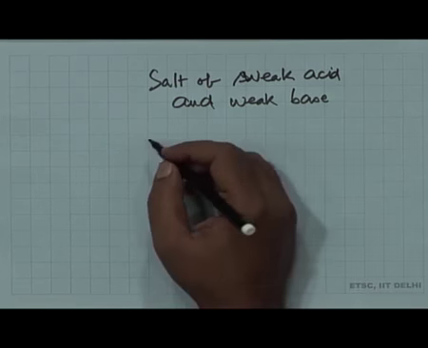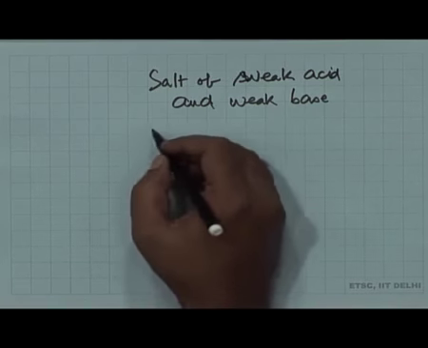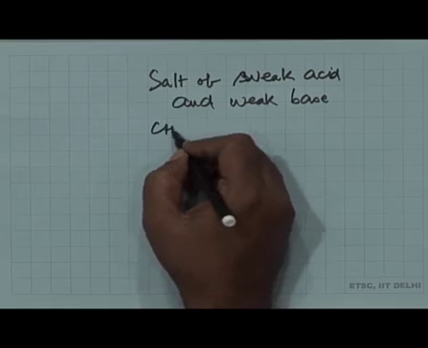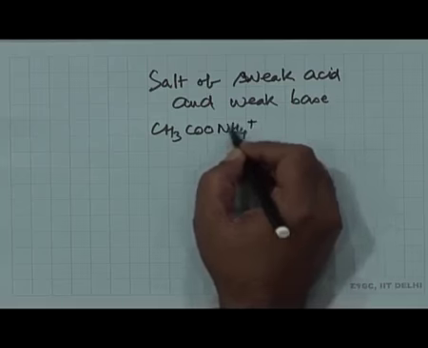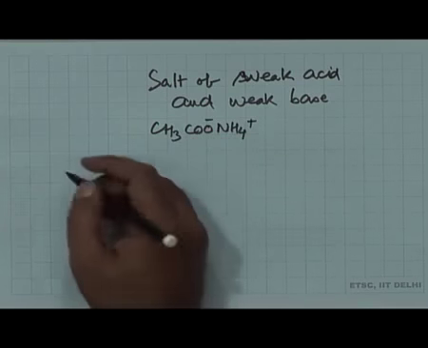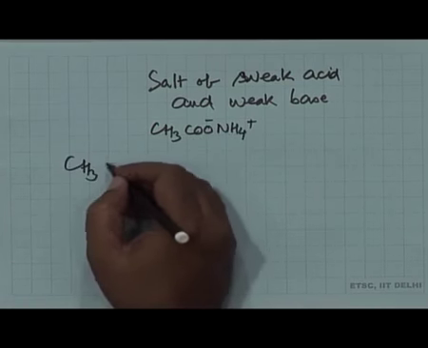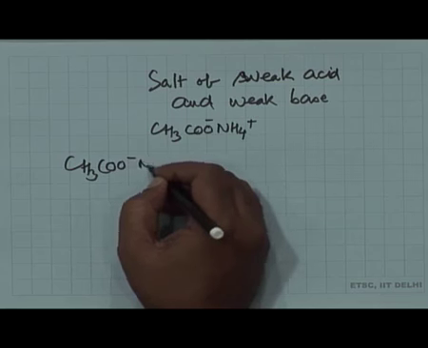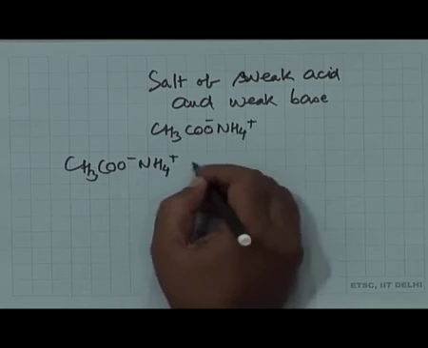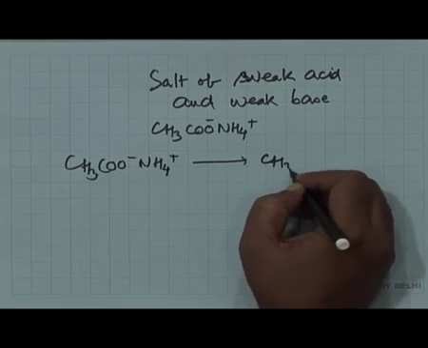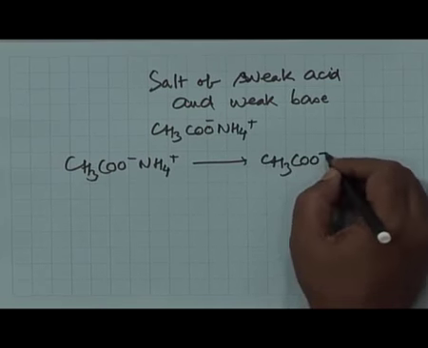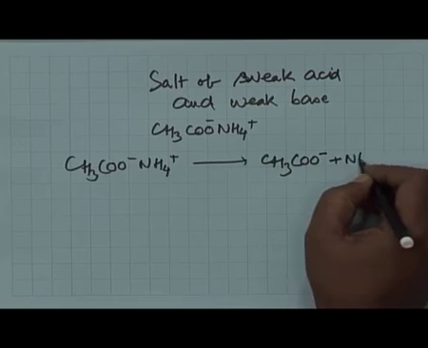For example, we can take the solution of ammonium acetate. Again, this is a soluble salt. So, it can simply break when put in the solution. 100% it will dissociate, it will give you CH3COO minus plus NH4 plus.